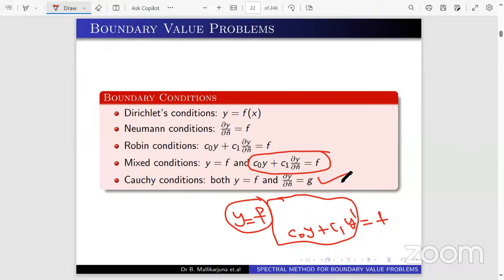Cauchy's conditions are different: along the same boundary, both can be defined. Dou y by dou n is equal to 0. This is called Cauchy's conditions. So according to the physical situations, these kinds of conditions can be taken, and they come along with the differential equations.